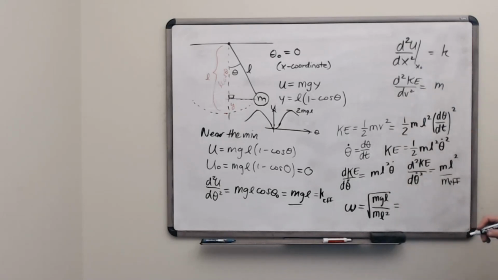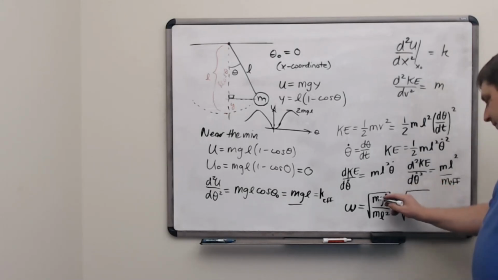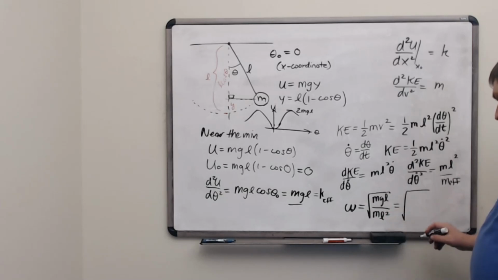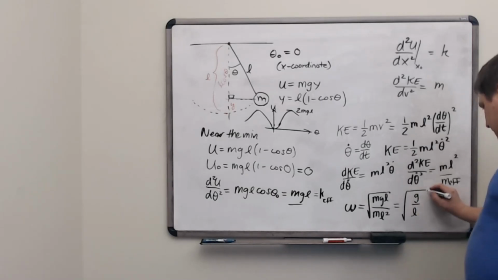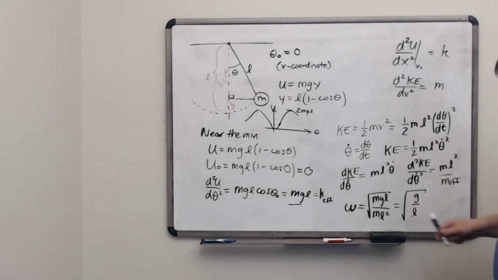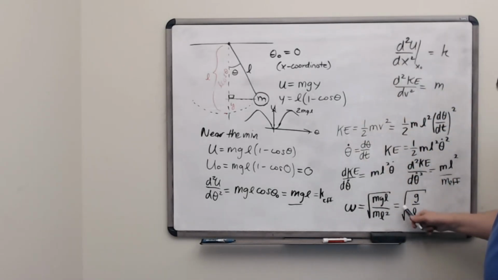And notice for this pendulum, something somewhat magical happens. Since the mass appears in both terms here, it cancels out, and we end up with the square root of g over L. So the angular frequency of the pendulum depends only on the length of the string and the acceleration of gravity. The period is just 2 pi times the square root of L over g.